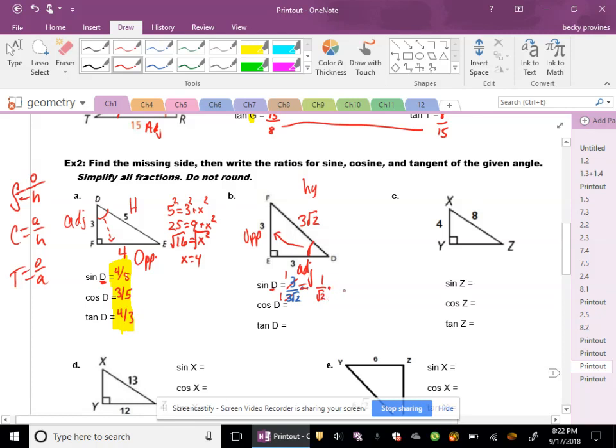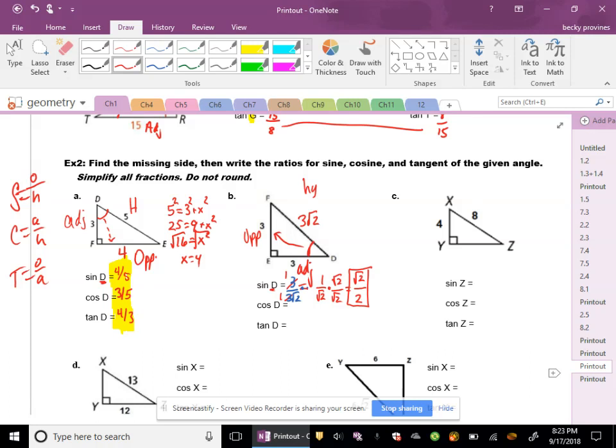Now the root 2, I can't leave in the denominator. So I multiply it by root 2 over root 2. Multiply across the top, I get root 2. And then square root of 2 times square root of 2 is square root of 4, and the square root of 4 is 2. Feel free to grab that yellow calculator and check what I just did. You'll see that it is square root of 2 over 2.